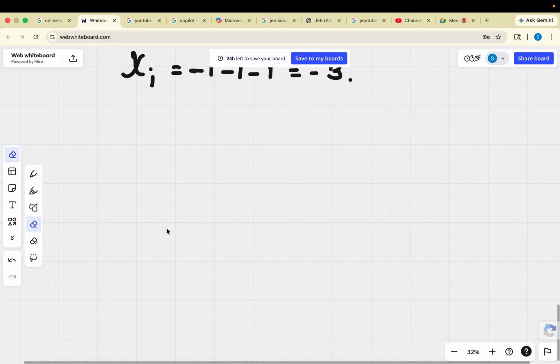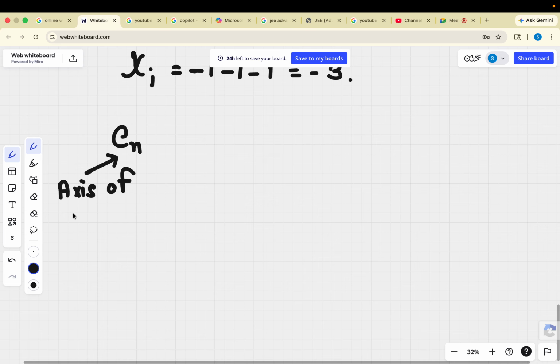Suppose we know for C2, but what will be the value for C3, what will be the value for C4, that we do not know really, right? So we have a formula. For Cn, you can put any n value here, for C2, C3, C4, C5, C6, C7, C8, anything. And this Cn is your axis of symmetry operation.